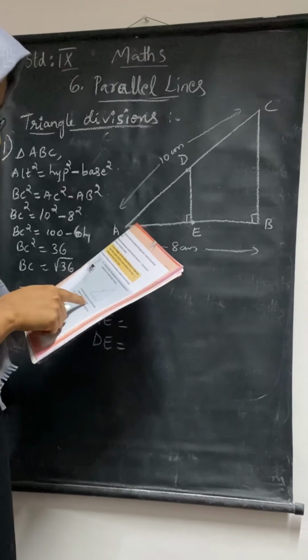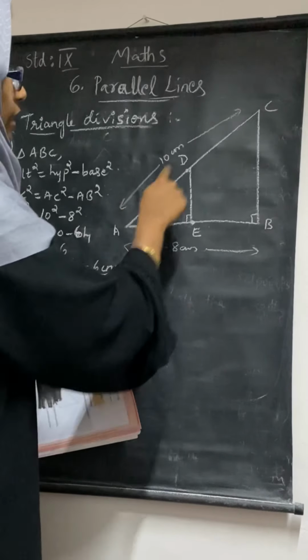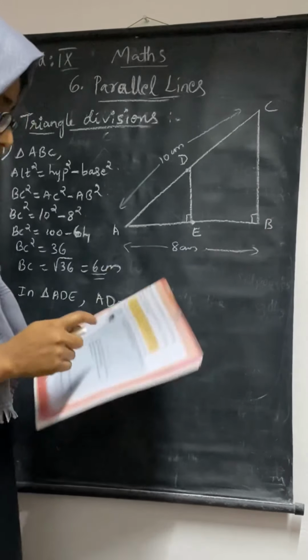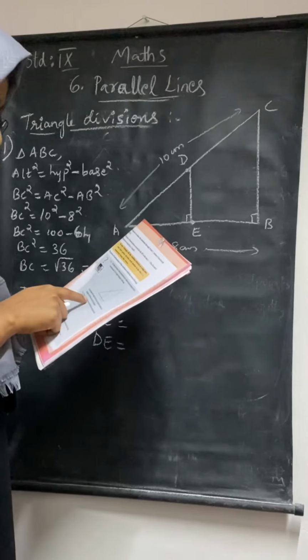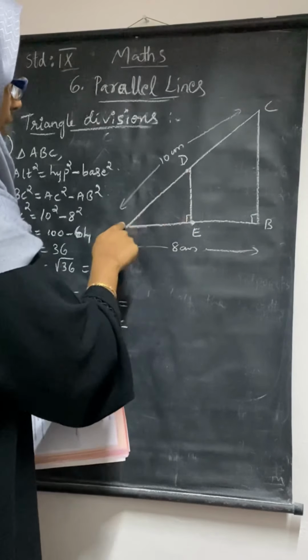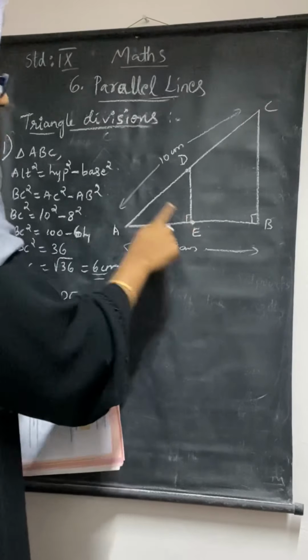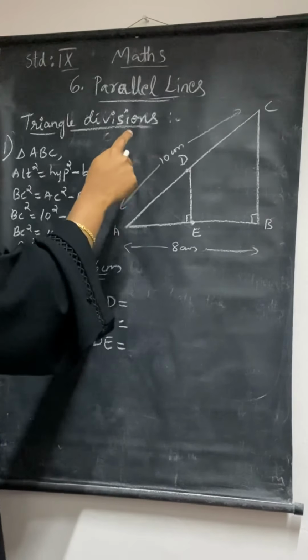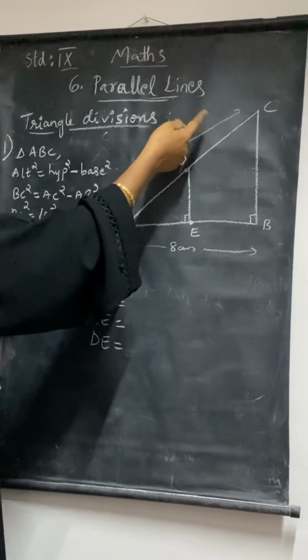Calculate the length of the third side of the larger right triangle, where one side and second side are given and the third side is missing, which you have to find out. And the length of all three sides of the small triangle. The small triangle is here. All three sides, first side, second side, third side, you have to find out. That is the problem.